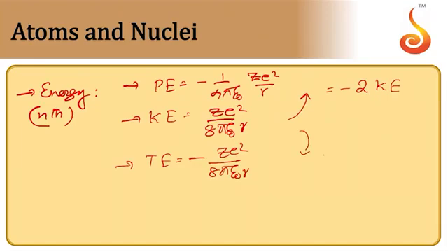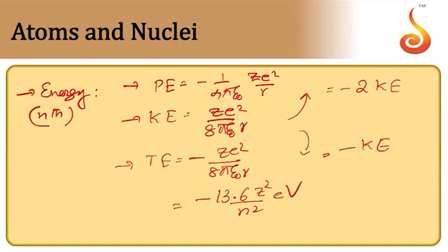Comparing these, total energy is equal to the negative of the kinetic energy. I can substitute for r and obtain this relation, minus 13.6 Z square divided by n square electron volt. So remember this one: the total energy is given by minus 13.6 Z square divided by n square.